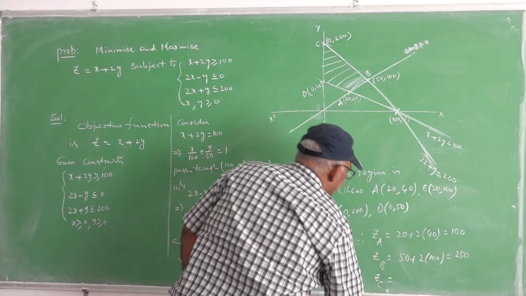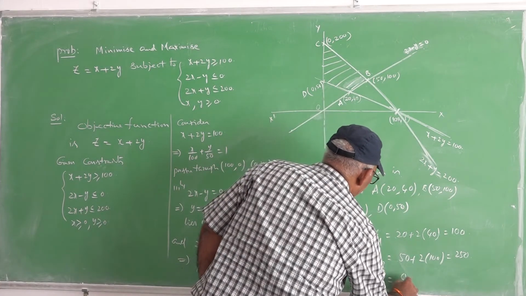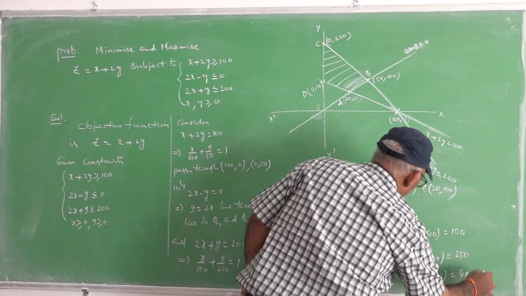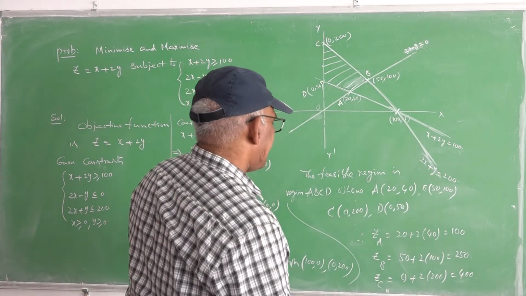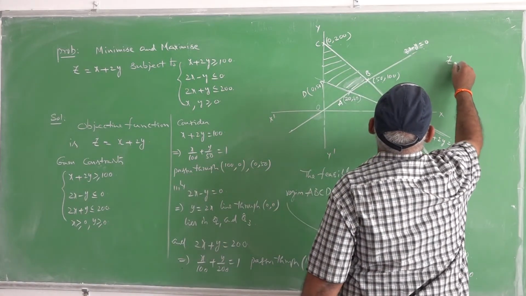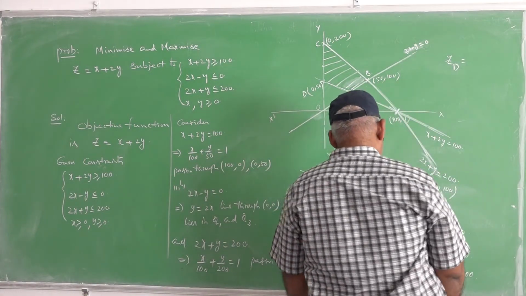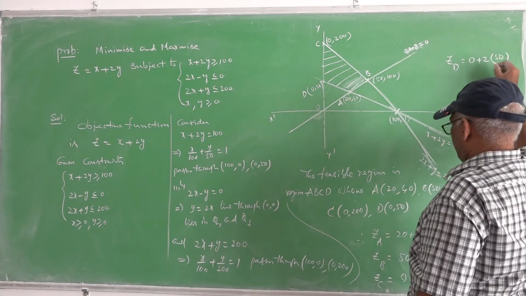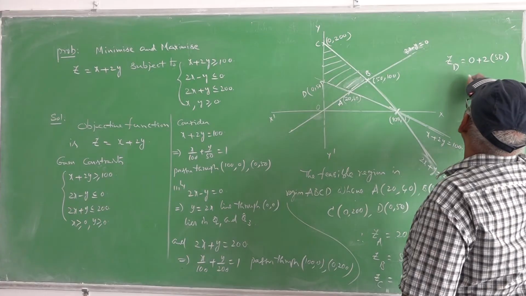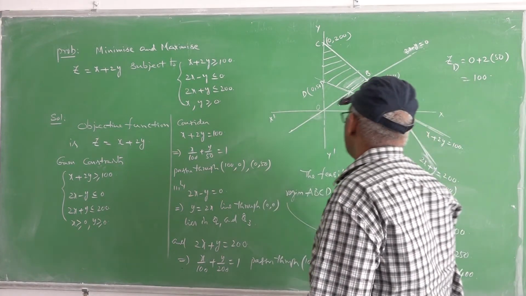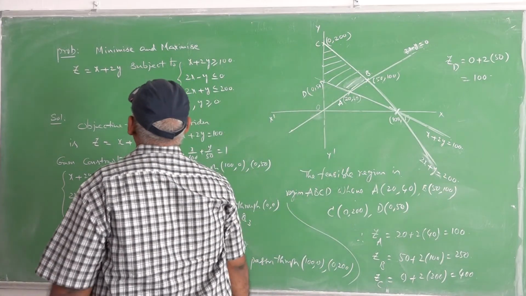Z at C is 0 plus 2 into 200, that is 400. Z at D is 0 plus 2 into 50, that is 100.